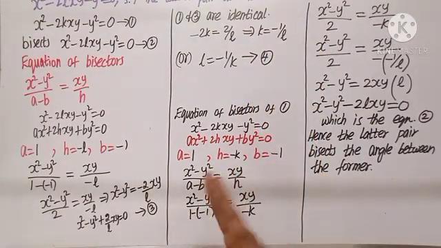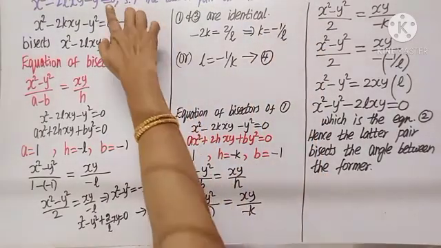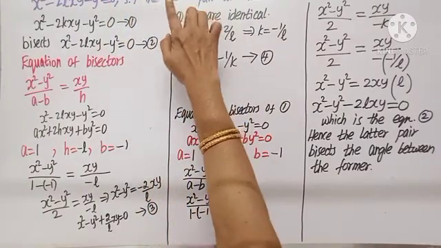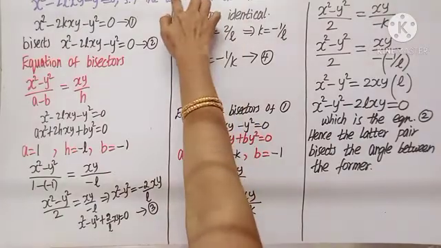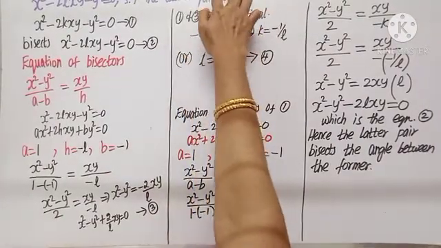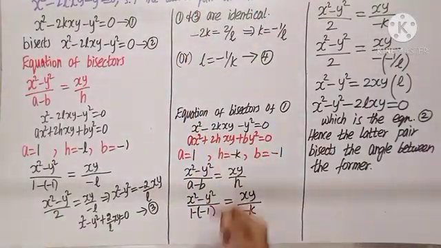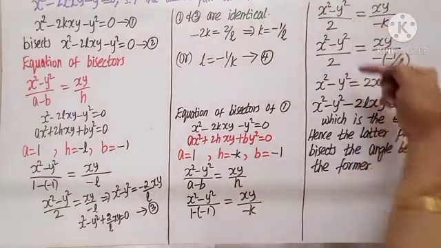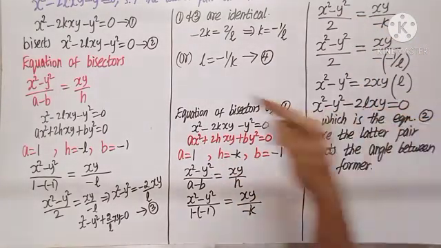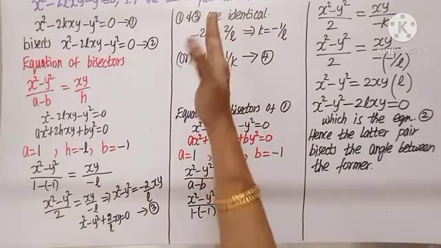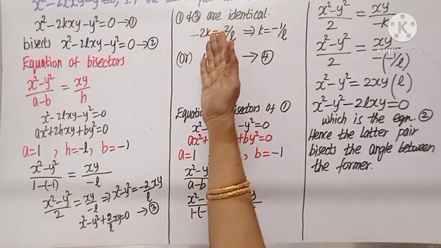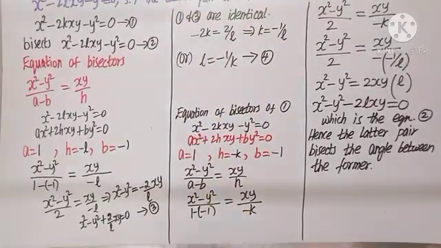Now I want to show the second equation bisects the first pair. So let us write the angle bisectors of the first pair of equations. As I derive the angle bisectors, I arrive at the second equation. So we conclude the latter pair bisects the angle between the former pair.